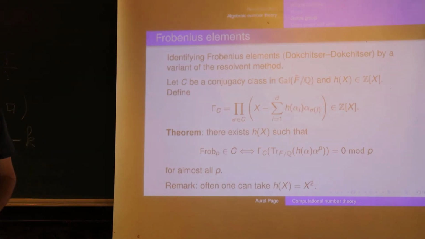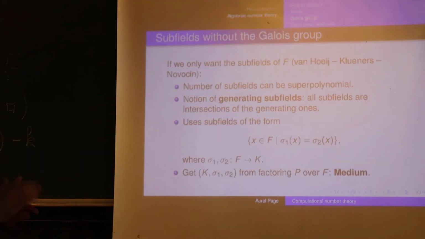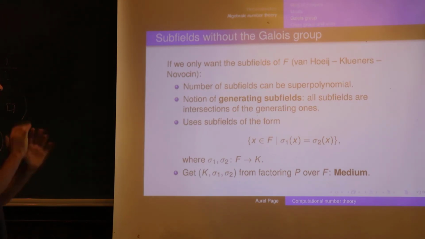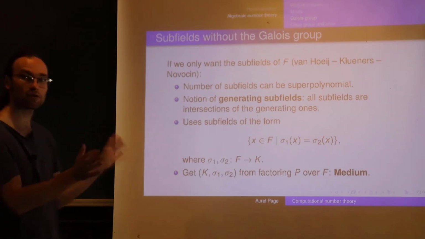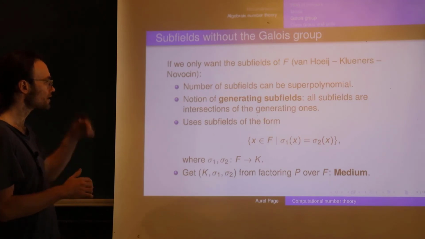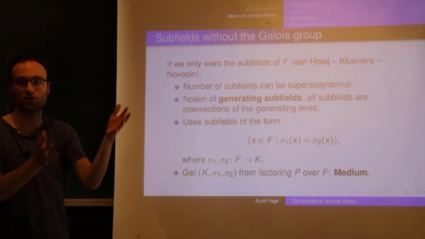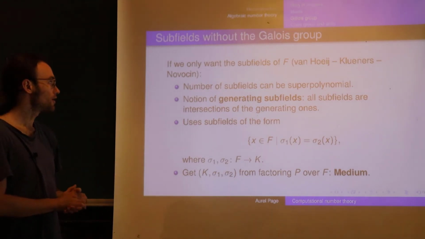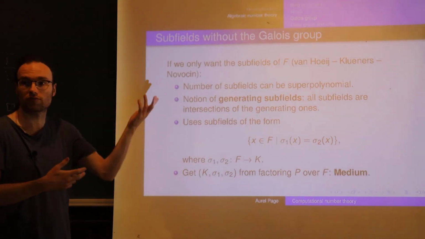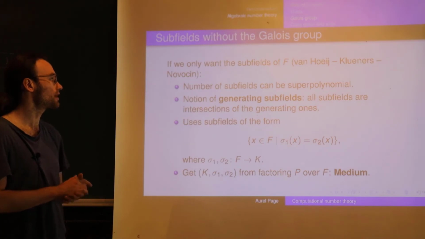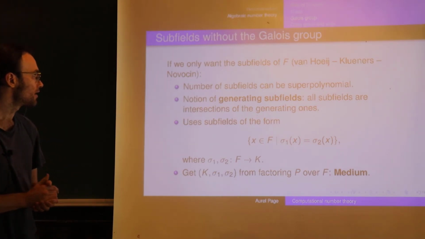Okay, so that's, oh yeah, sorry, I wanted to make an extra remark about, so this is not quite Galois theory, but related. Sometimes you just want the subfield of F, which is not necessarily Galois, but you don't need to compute the actual Galois group for this.